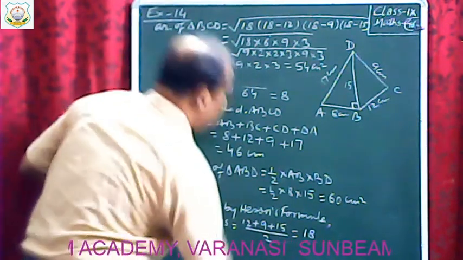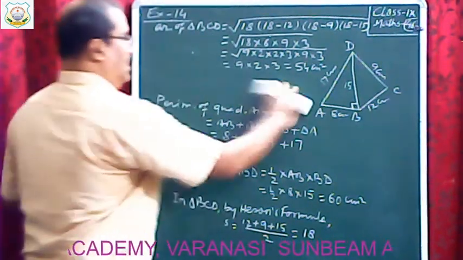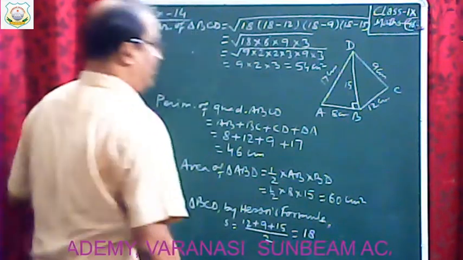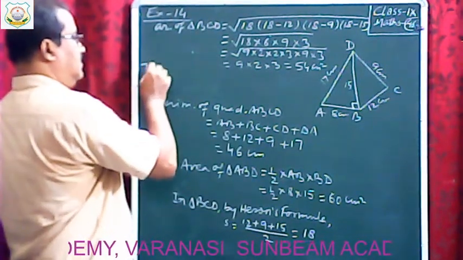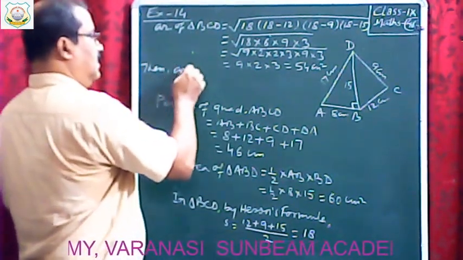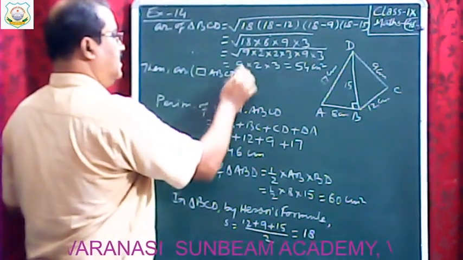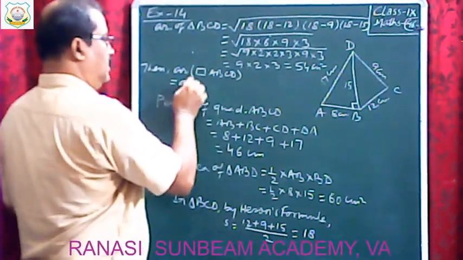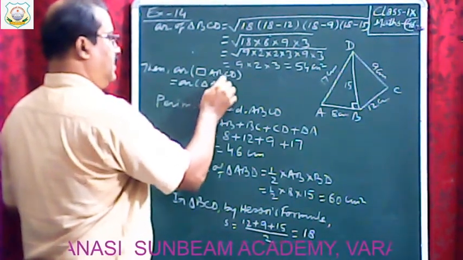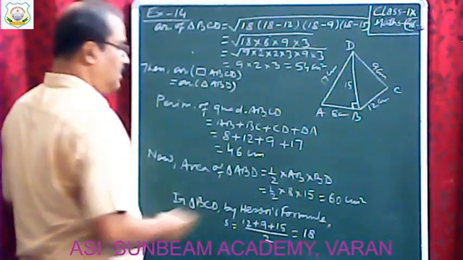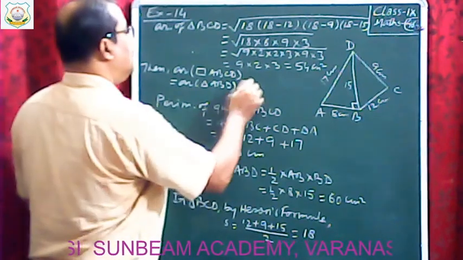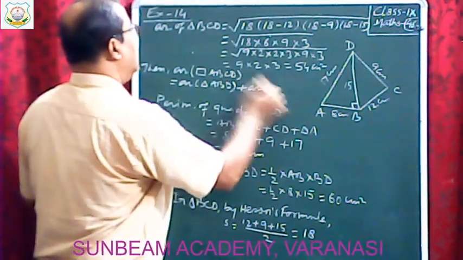Okay, thereafter you have to find area of quadrilateral ABCD. So area of quadrilateral ABCD equal to area of triangle ABD plus area of triangle BCD.